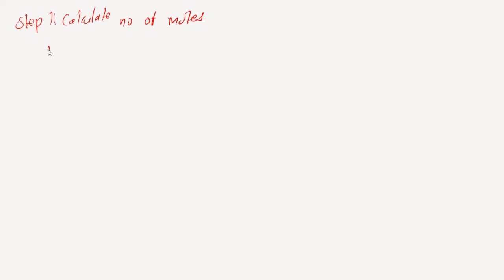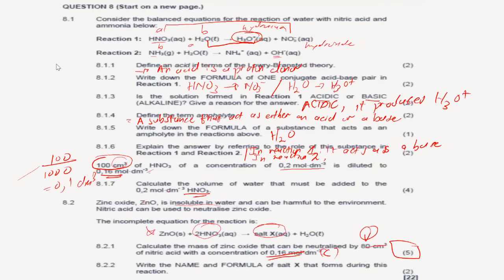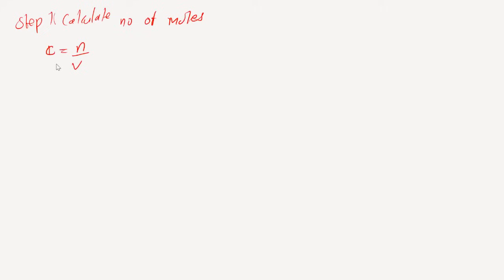From what we are given, the formula that we are going to apply is C equals N over V. The C is 0.16, the concentration from that question. The V here is 80 cm³, but when it's in cm³ we need to divide by 1,000.